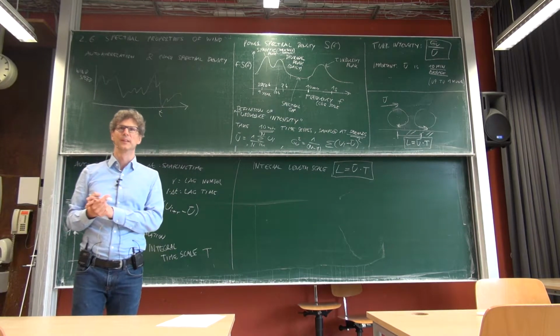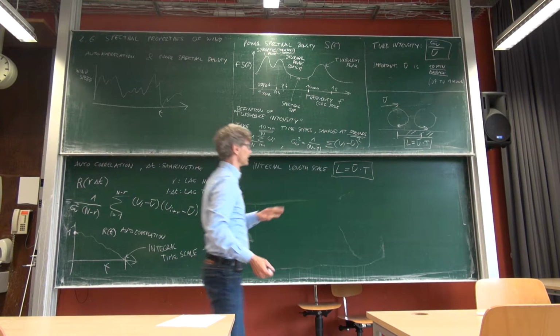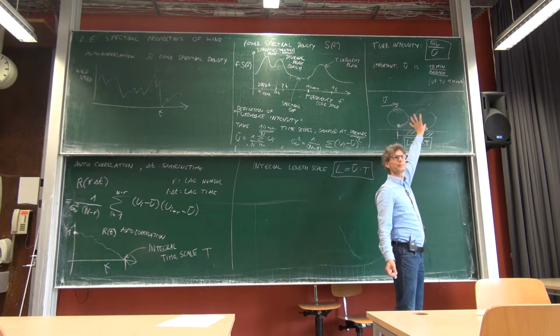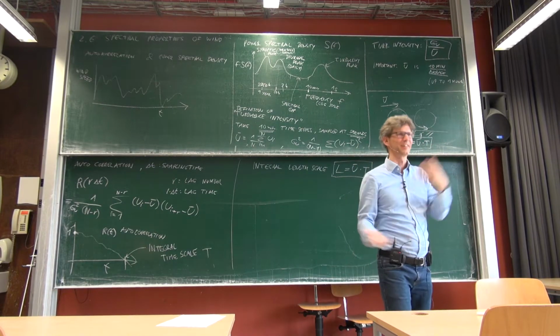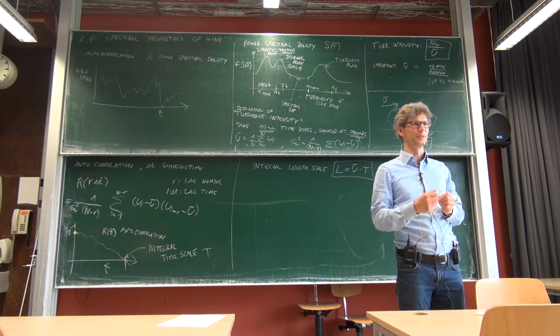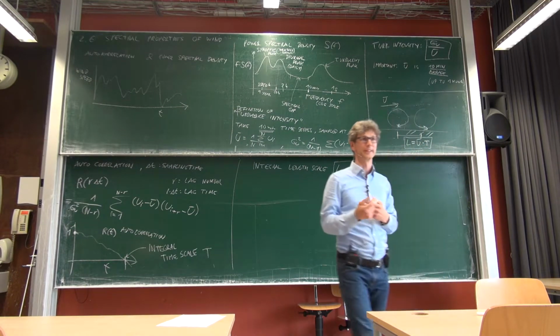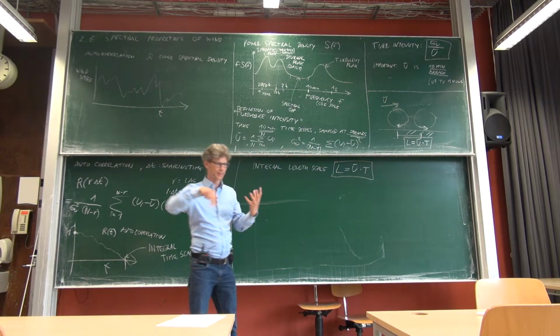Yes? Why are there these alternating ends? I mean, as I said, I want to think a bit more about having a good picture for that, right? But anyway, turbulence means there's eddies. So if you have turbulence, then you see that there's a rotation in your flow in a non-ordered way, right? It's not always in the same direction and so on. And these things persist for a while.